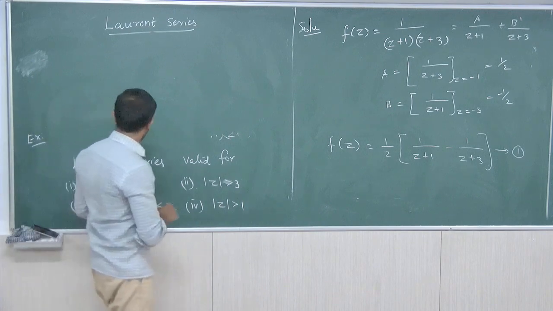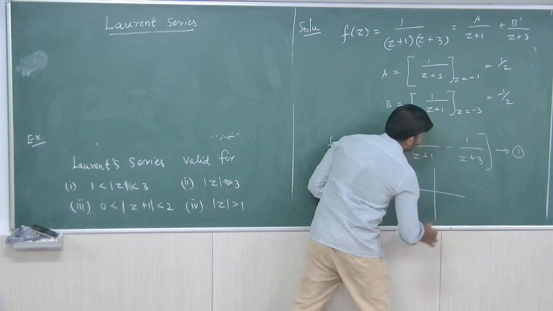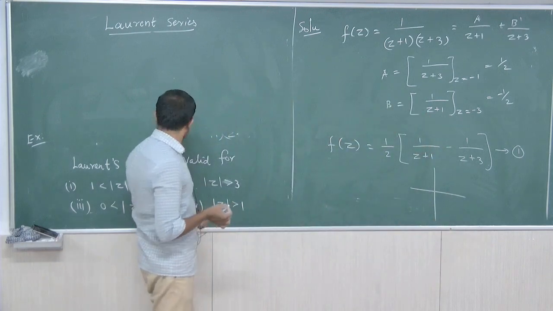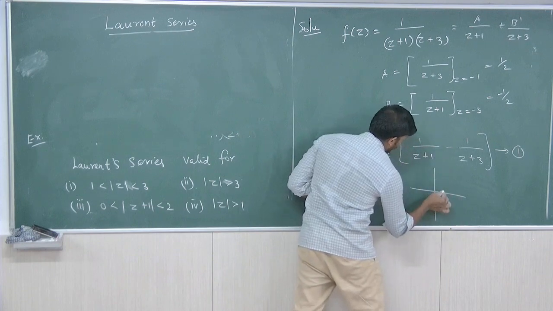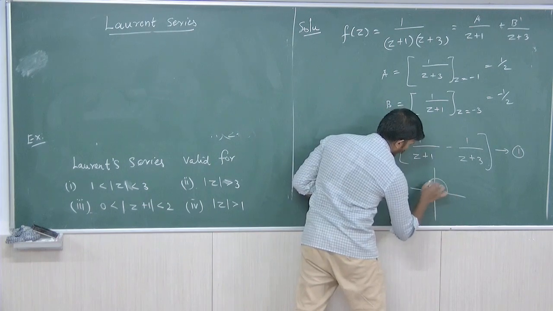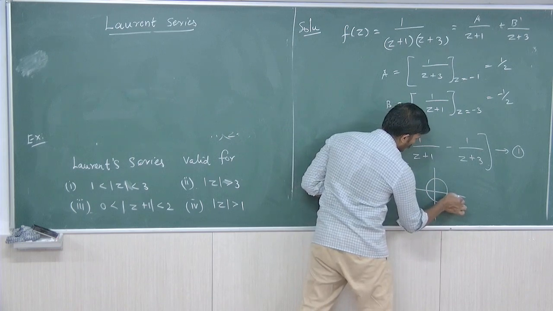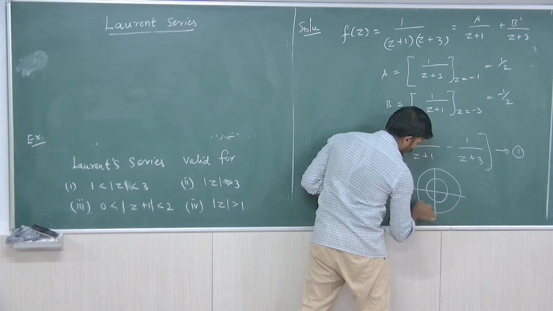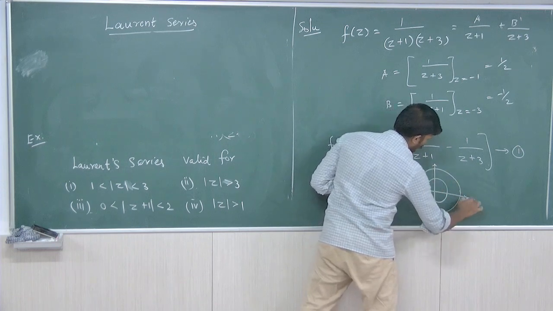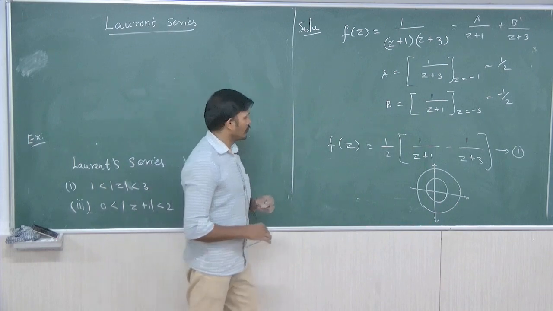So if you draw this region, I am going to draw a circle of radius 1 and a circle of radius 3 with the same center, right? From that you get this kind of region.